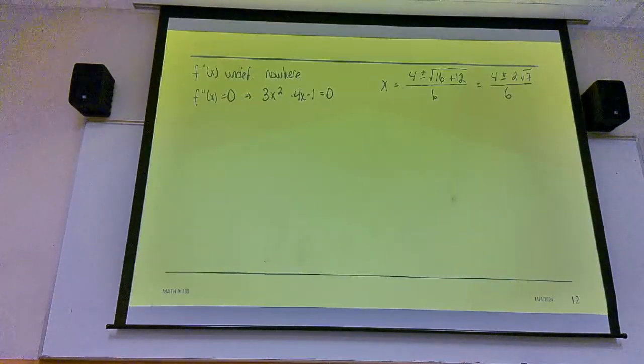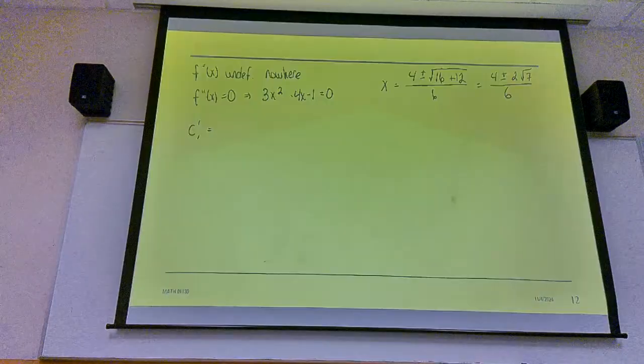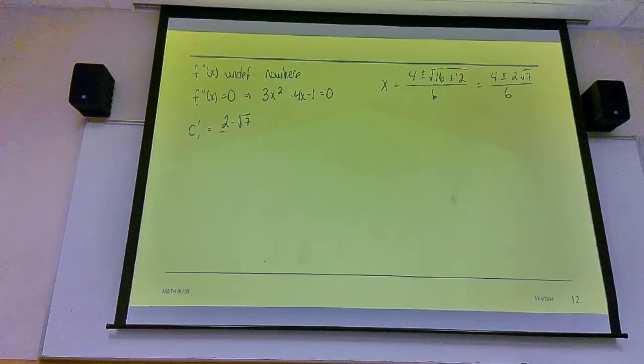And 12, 28. Root 28 is 2 root 7. C1 prime is 2 minus root 7 over 3. C2 prime is 2 plus root 7 over 3.